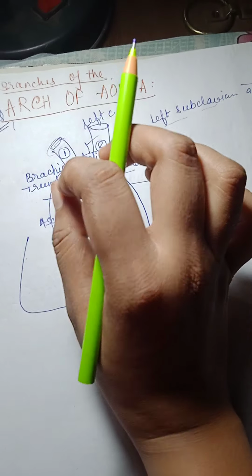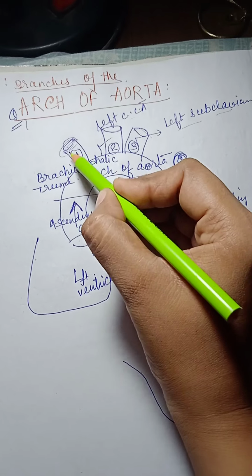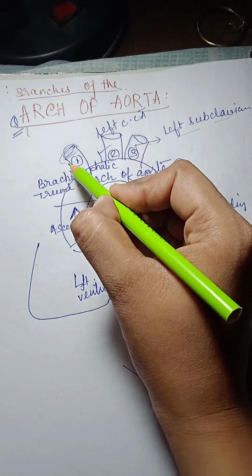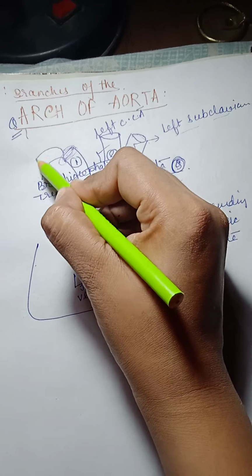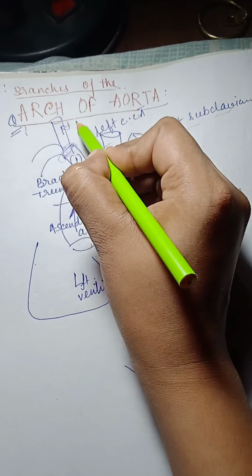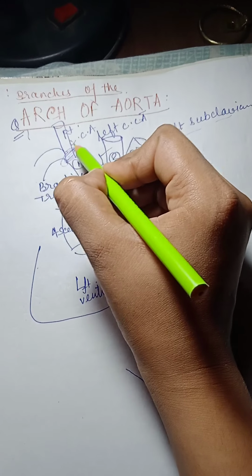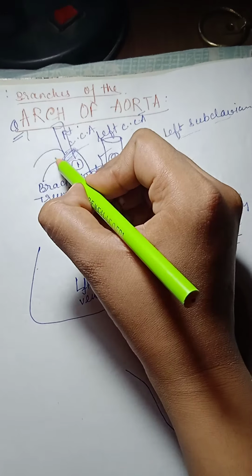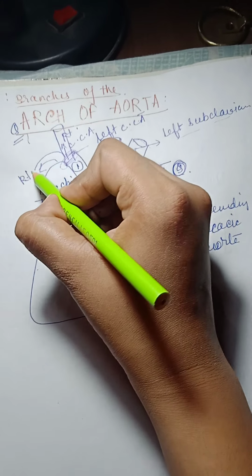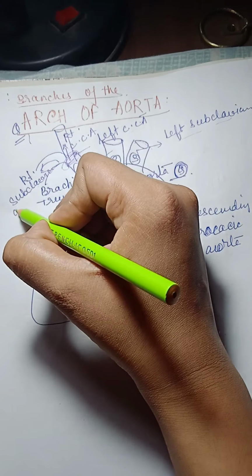Now the most important part of this whole video is the branches of the brachiocephalic trunk. This again further gives two branches. This one is known as the right common carotid artery, and one more branch which is going in this direction is the right subclavian artery.